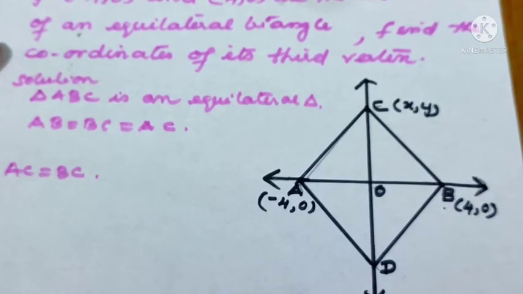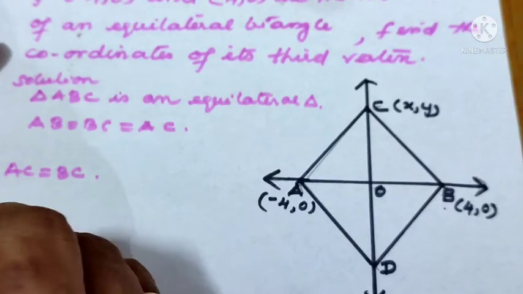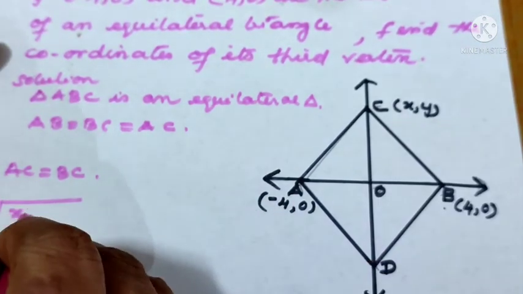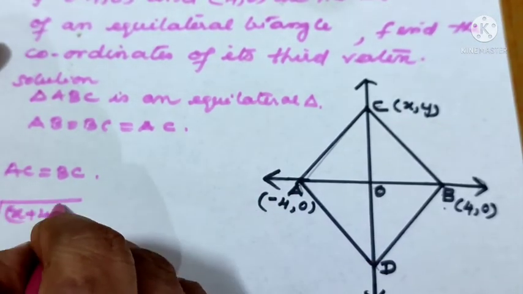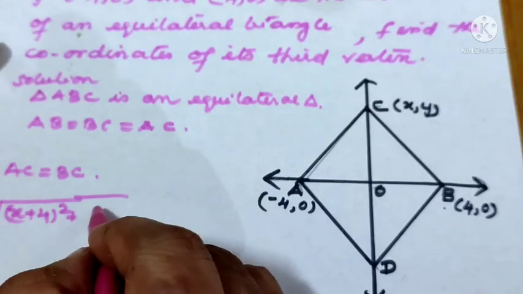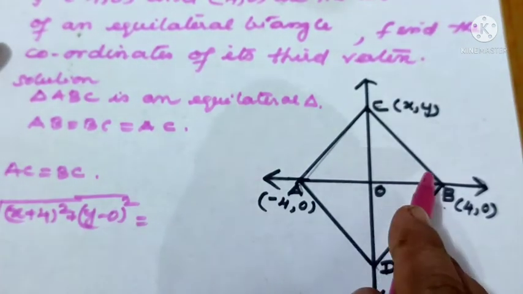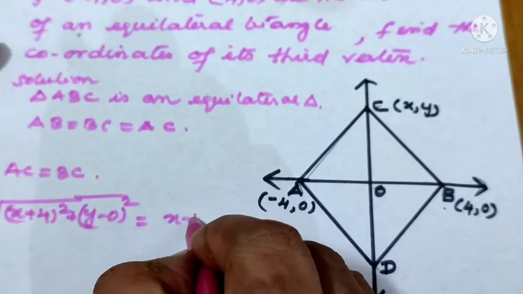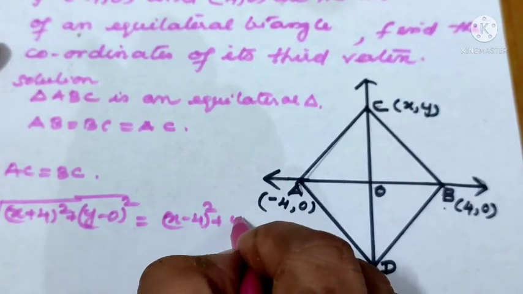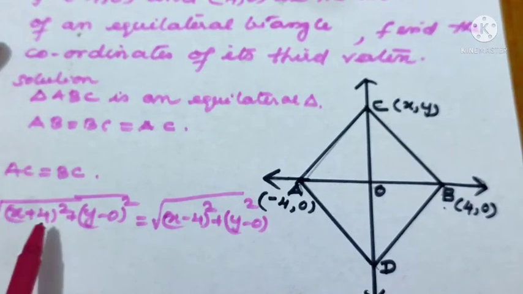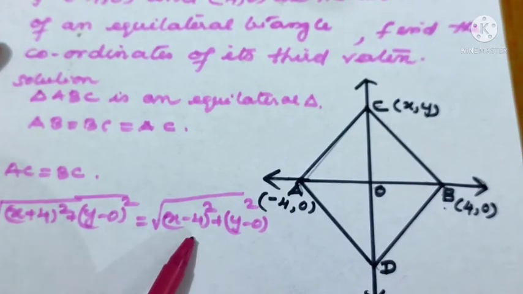Now distance formula we are using, so we can write x minus minus 4 means x plus 4 whole square plus y minus 0 whole square, which is equal to BC means x minus 4 whole square plus y minus 0 whole square. See, here minus 4 became plus, that is only the change.